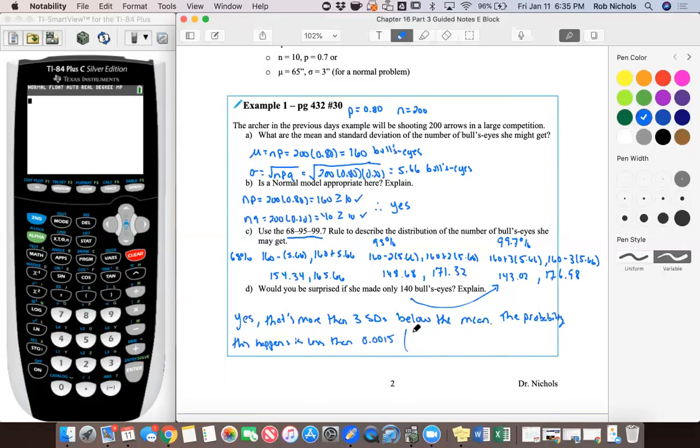That was found by taking 1 minus 0.997 because it's outside the 3 standard deviations, and dividing it by 2 because it was to the left, according to the 68, 95, 99.7 rule.